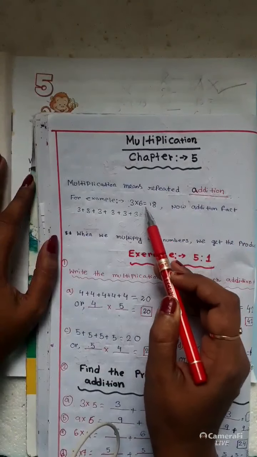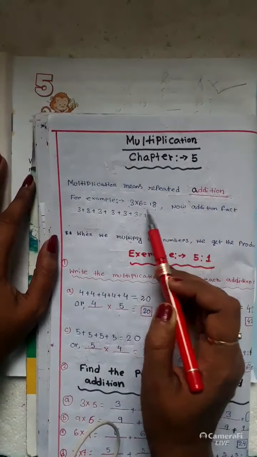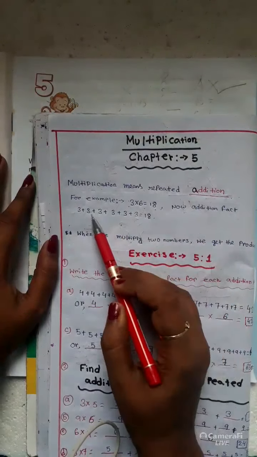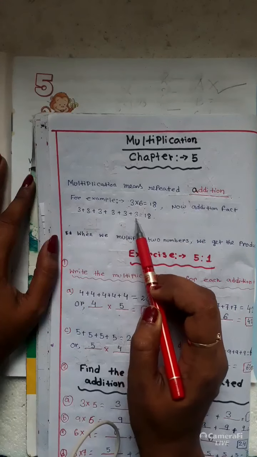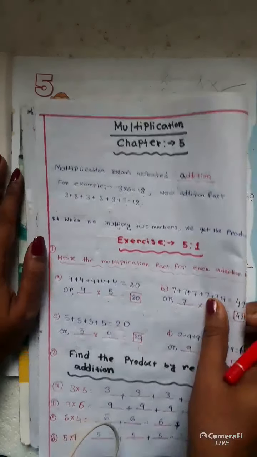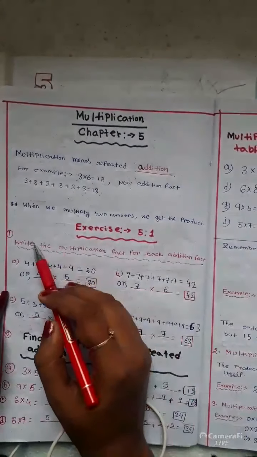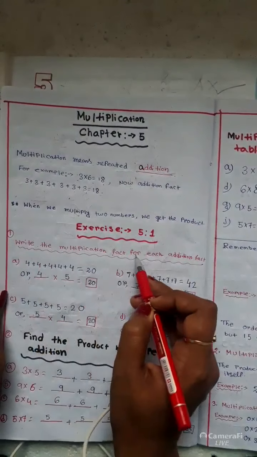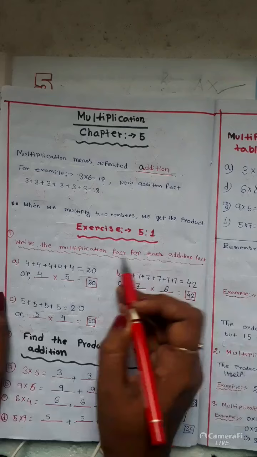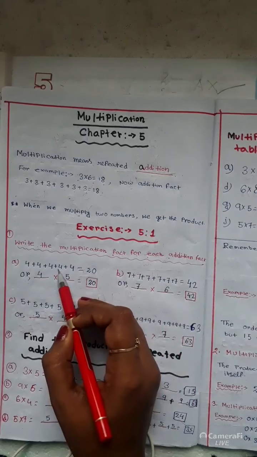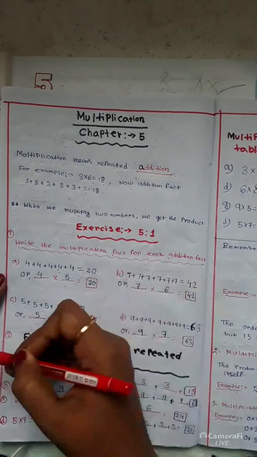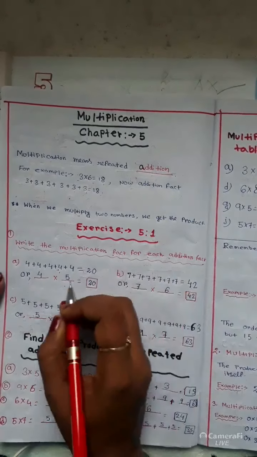So in the example I have given, 3 into 6 is 18, and with the addition fact, it is 3 plus 3 plus 3 plus 3 plus 3 plus 3. Now exercise 5.1. In this exercise, what has been asked? Write the multiplication fact for each addition fact. The addition fact has been given, and you need to write the multiplication fact.